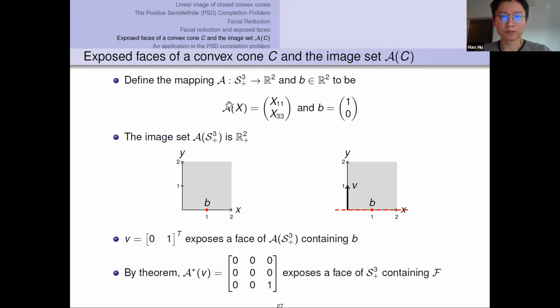Sorry, the linear map is defined by mapping X to its first diagonal entry and its last diagonal entry. Now, clearly, just like the previous example, the image is all the non-negative orthants in R2. So that's the image, and the right-hand side is a vector B, which is (1, 0), which is here.